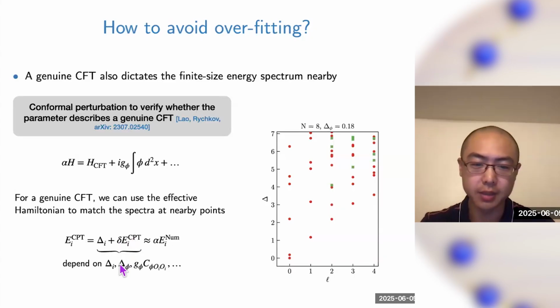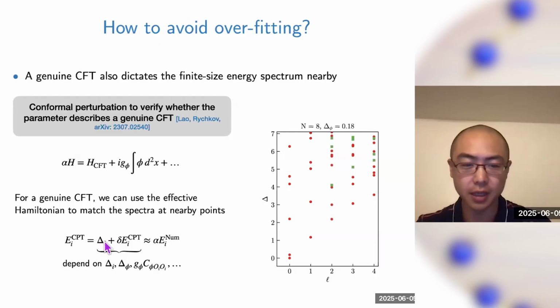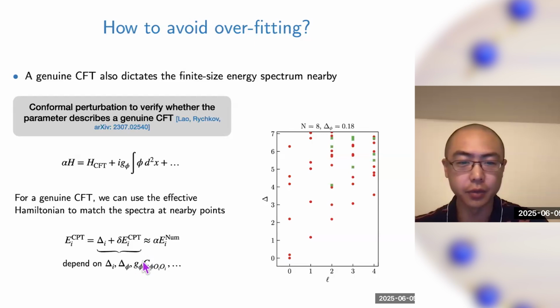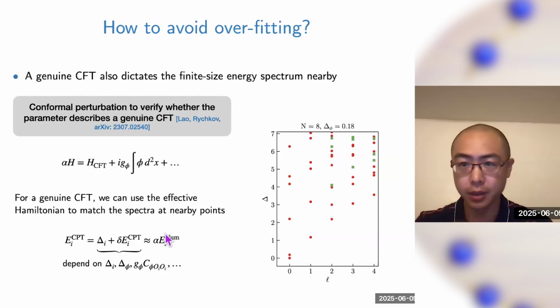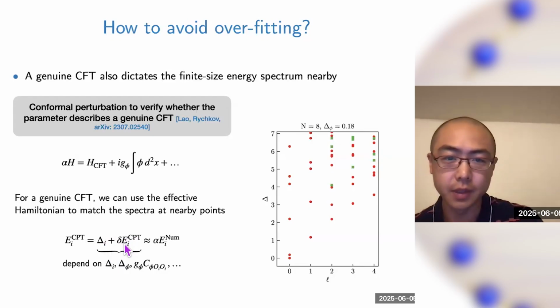And this, of course, depends on some CFT data, for example, the scaling dimension of this relevant operator perturbation, and some OPE coefficient. And we want to see whether the numerically obtained energy after rescaling is the same as the prediction from the conformal perturbation calculation.